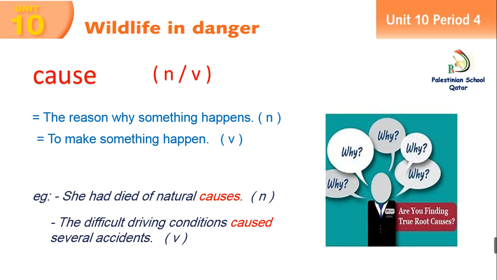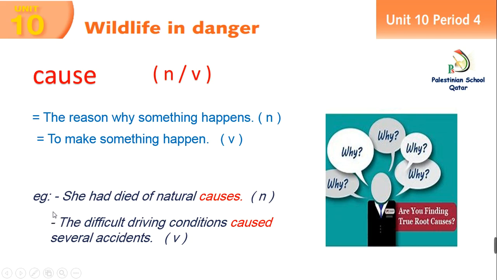The reason why something happens, this is a noun, and as a verb it is to make something happen. Look here at this picture. We use cause to give the reason why. All these questions need an answer, and read the reason why. So cause is the reason why something happened.